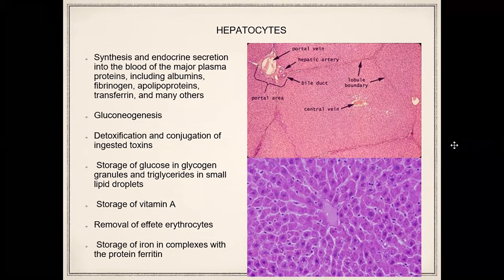You have the process of gluconeogenesis, or the storage of your sugar; detoxification and conjugation of ingested toxins; storage of glucose in glycogen granules and triglycerides in small lipid droplets; storage of vitamin A; removal of ineffective or quite old erythrocytes; and storage of iron in complexes with the protein ferritin. Okay.